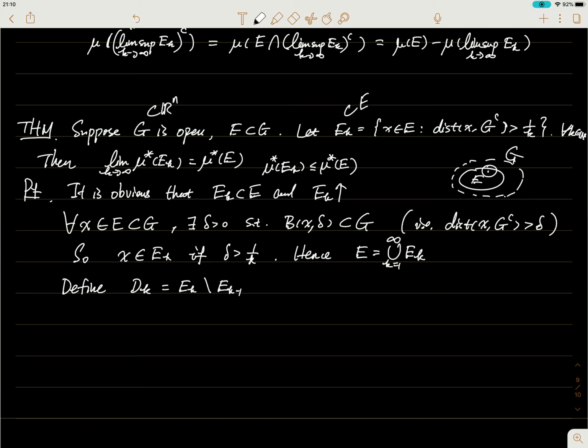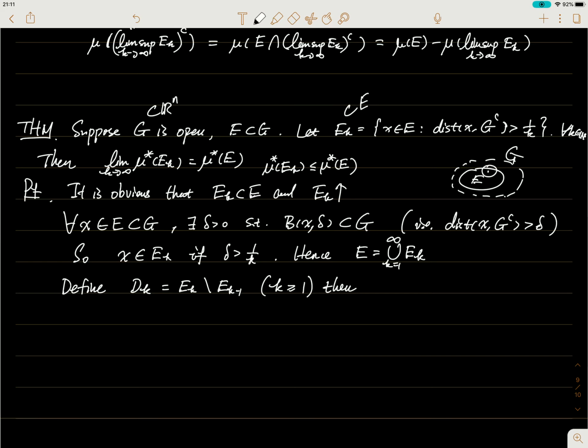So D_k is just taking the difference between the two consecutive sets. So if I define my D_k to be this for k greater than or equal to 1, then let's say E_0 is just empty. Okay, E_0 is just empty. And then I can define my D_k for all k greater than or equal to 1.